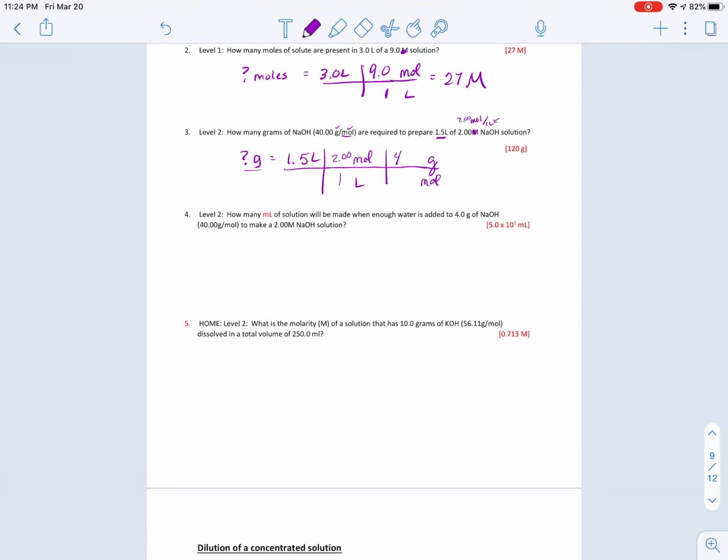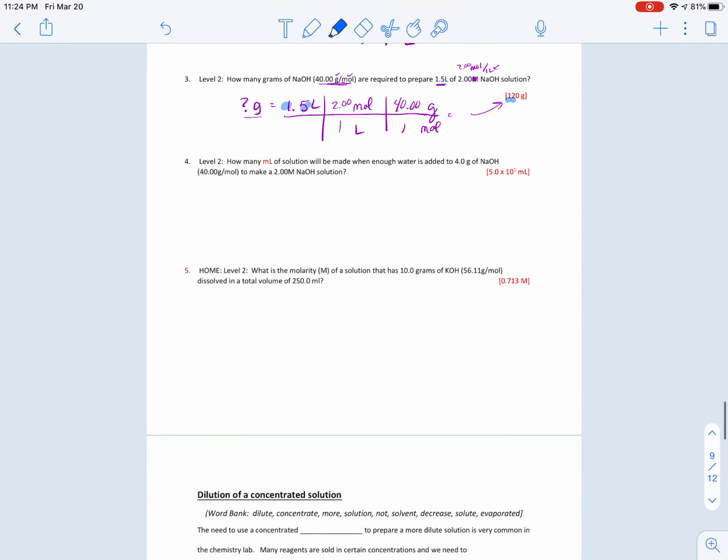So remember that this is 2.00 moles in 1 liter, and that we have 40.00 grams in 1 mole. That's from this number over here. You do that math out, and you are going to get 120. Now, why is it 120 and not 123? Because I have 2 sig figs in one of the numbers. So I need to round it in such a way to give me just 2 sig figs.